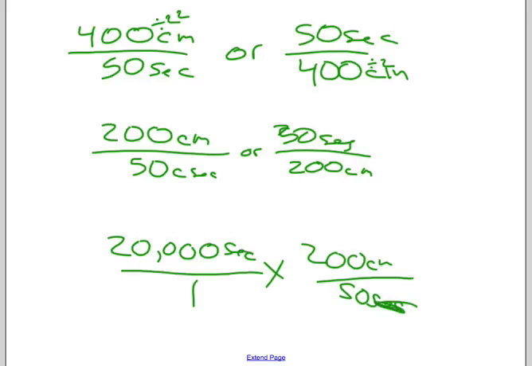The seconds cancel. I'm going to reduce a 0 and a 0 here, and then 5 goes into 20 4 times. And then multiply 2 on the 20,000 times 4 is 8. And then we throw the zeros on, is 80,000 centimeters.